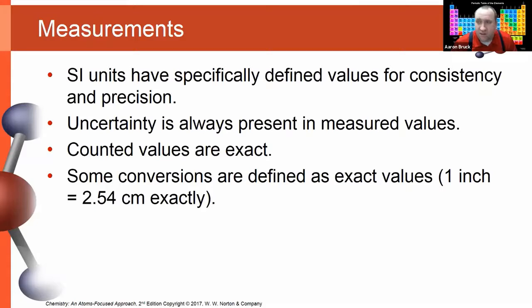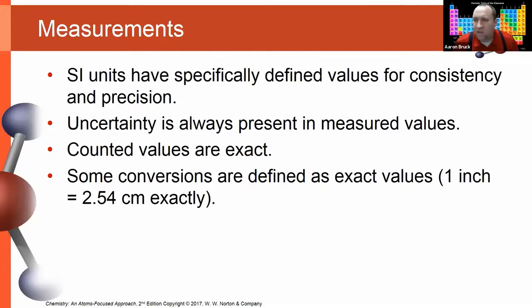Now, there are some exceptions to the rule. For example, counted values are known to be exact. If you count the fingers on your hand, you're not going to come up with an imprecise number. You will count them and you'll get exactly a whole number of some sort.